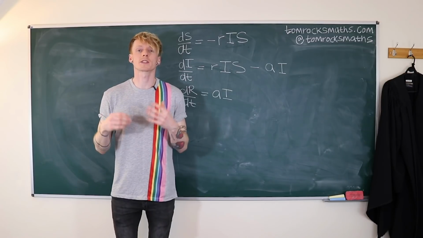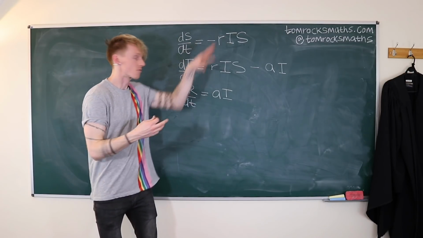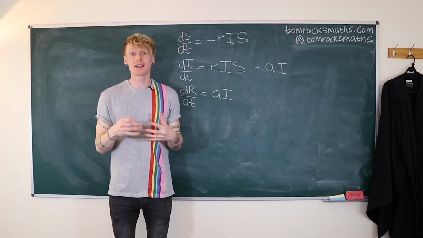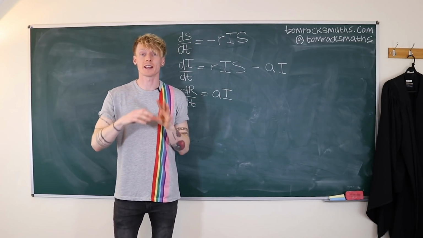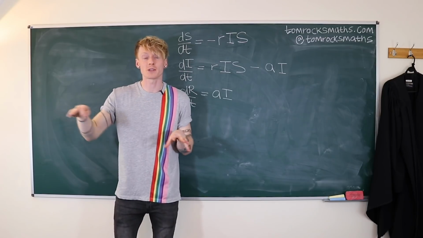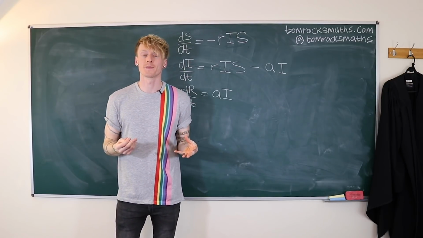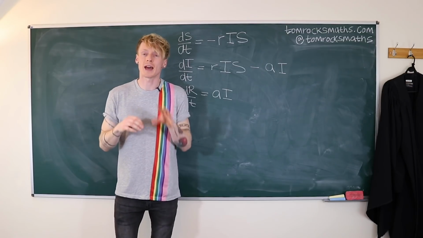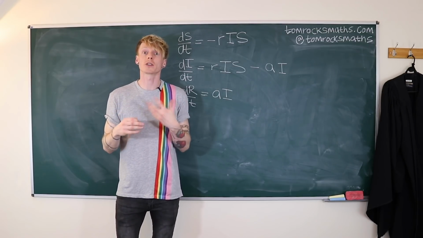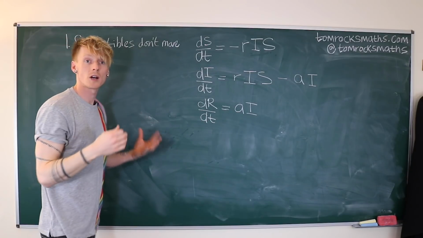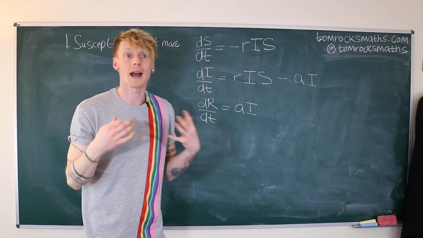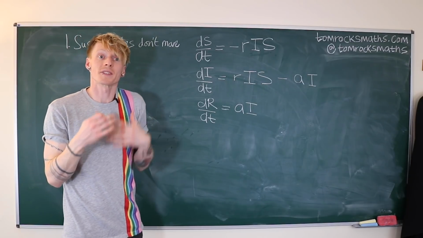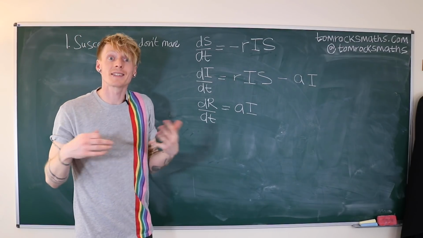Since we're introducing spatial dependence to our original SIR model, we need to make some additional assumptions that explain how people interact with the space around them. So our first assumption is going to be that the susceptibles, the S population, are not going to move. So in the context of the current COVID-19 outbreak, you can think of assumption one as saying that people susceptible to the disease stay at home.